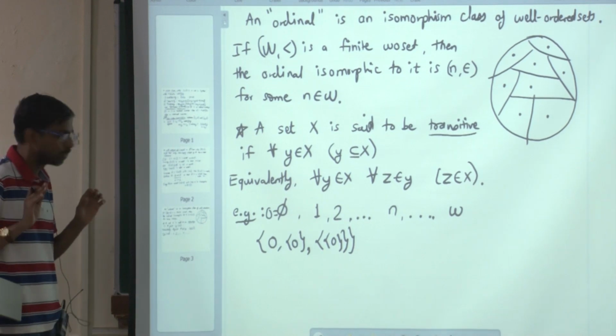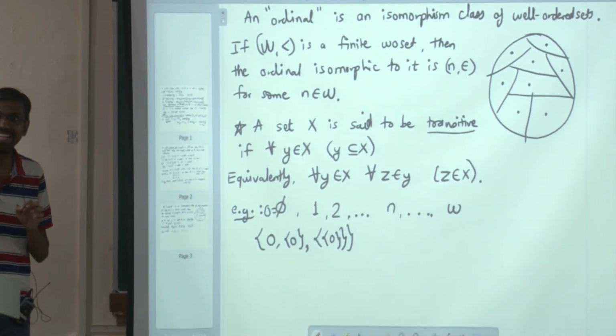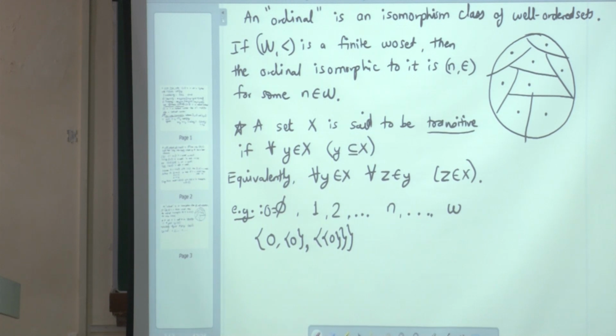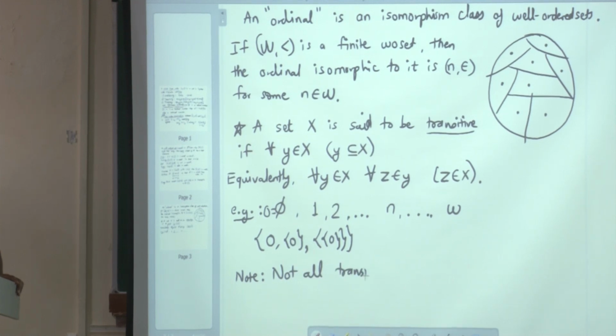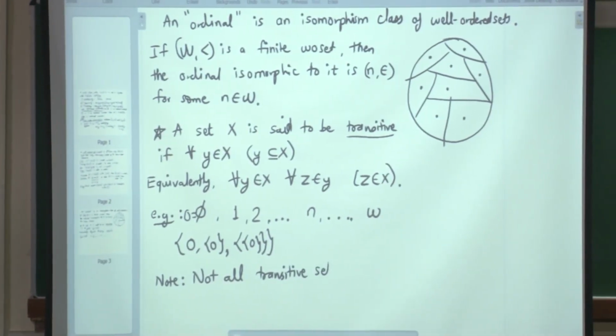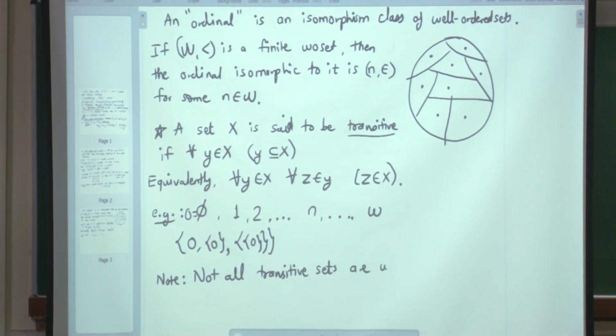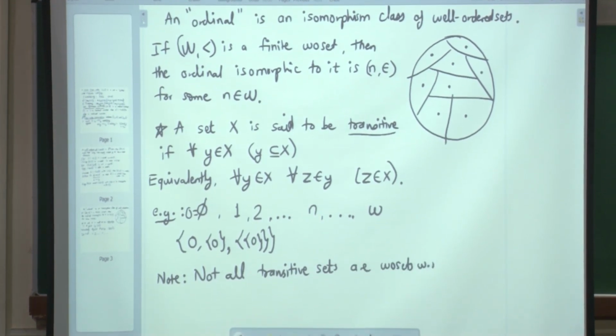Now, not all transitive sets are well orders with respect to the belonging relationship, the membership relation. So note, not all transitive sets are well-ordered sets with respect to membership relation. What is a counterexample to this? The first and the third one.